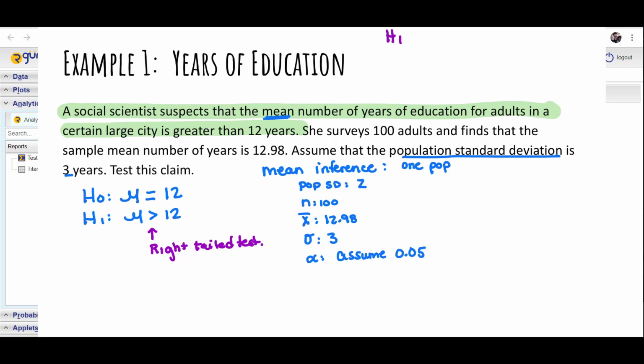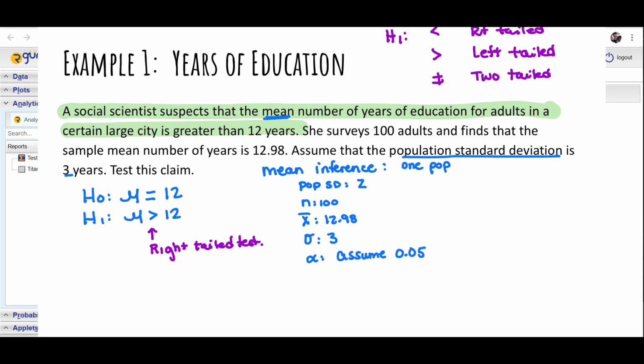But let me just show you for H1, if it is less than, we're going to say it's right-tailed. If it's greater than, we're going to say that it is left-tailed. And if it's not equal to, we're going to say that it is two-tailed. All right, so just keep those in mind as we're going through.